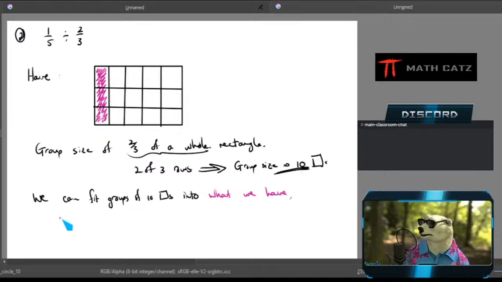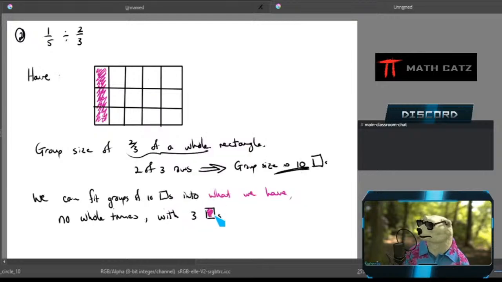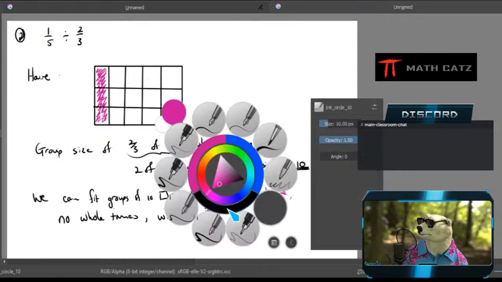0 times. No whole times, if you will. With 3 pink pieces. I'm loving this pink. It's not as bright, it's nice.